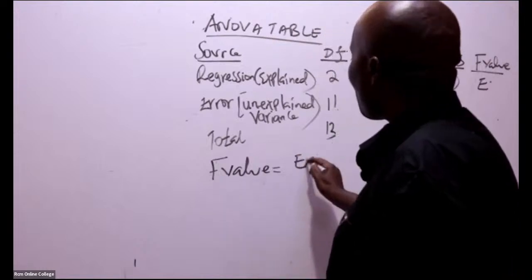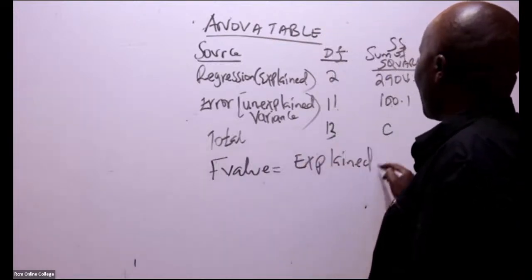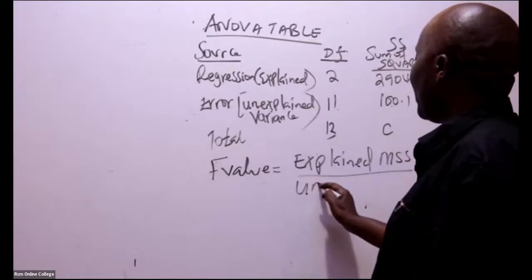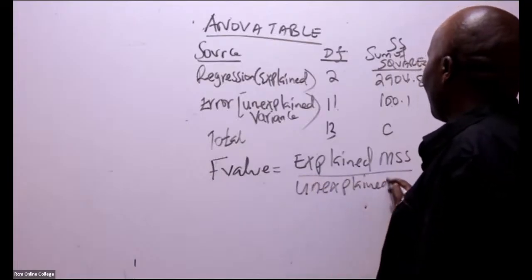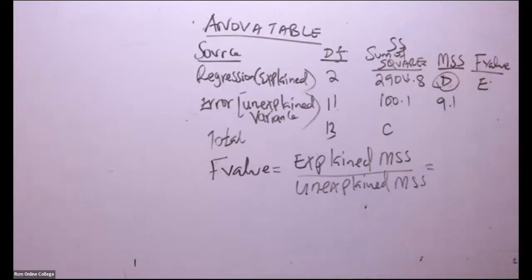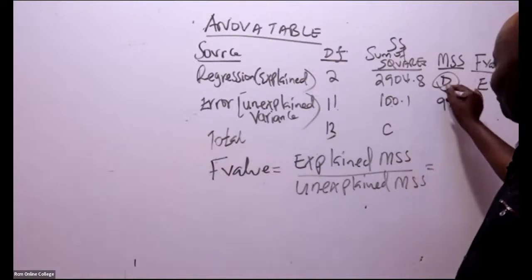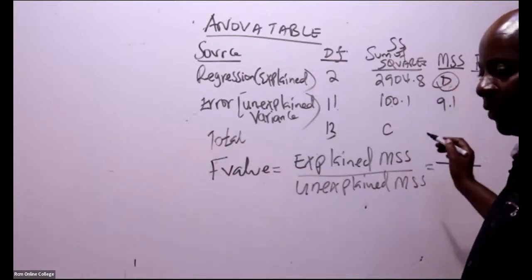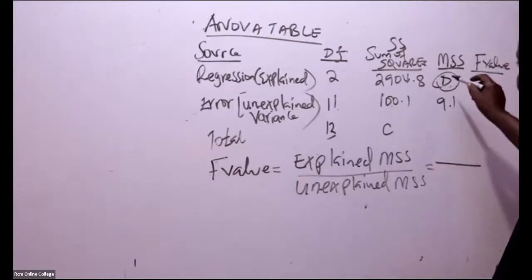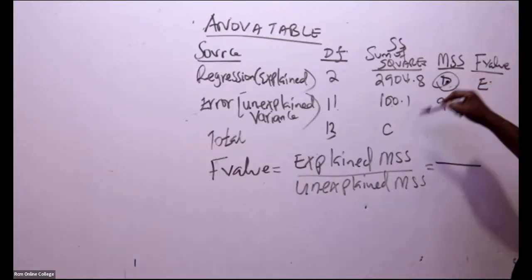we normally take the explained MSS all over the unexplained MSS. So anytime they want us to give them this F ratio or F value, we shall take this regression mean sum of squares, the D that you got here.